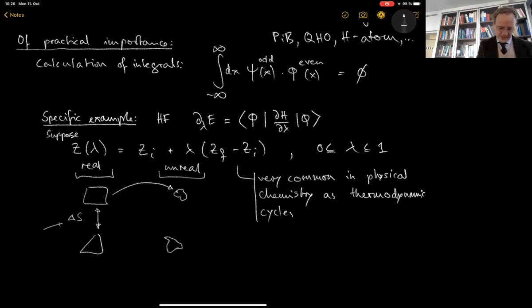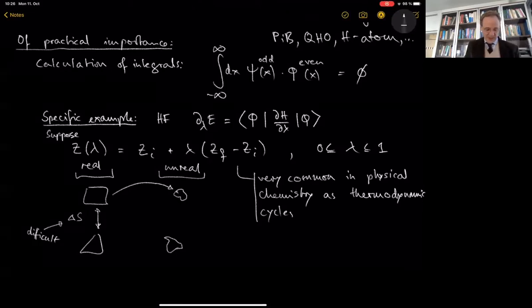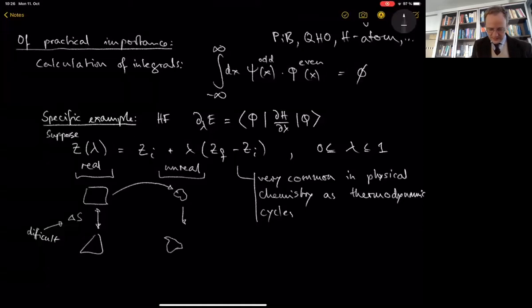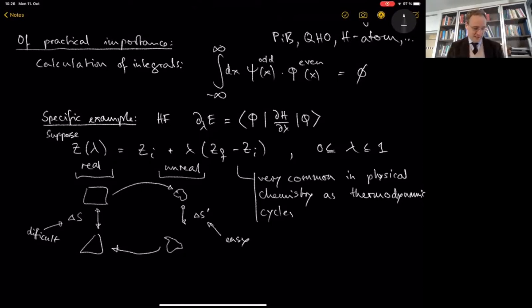Now, this is difficult to obtain for whatever reason. And then it could be easy to obtain the delta as unreal. Okay, then let me put a prime here. And that could be easy then. And then you transform it back again to the difficult and to the real system, the triangle, right?